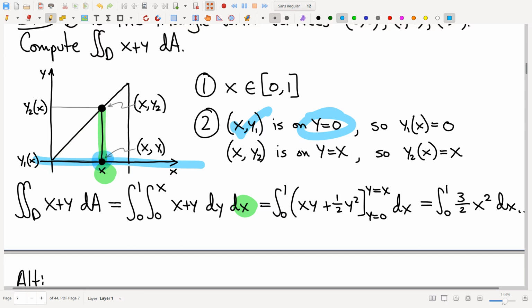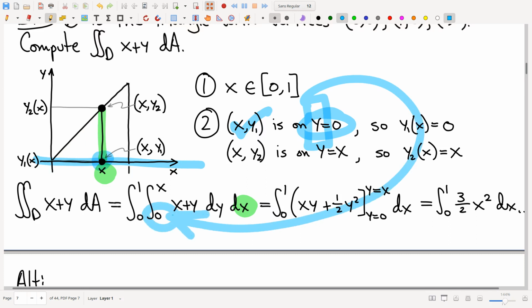I think it's really easy to lose track and accidentally solve for the wrong variable. You'd be surprised. I've done it myself, right? So I always take a pause, remind myself, oh yeah, I'm looking for my range of values for y. So I need to solve for y in that equation. And when you solve for y in that equation, you get 0. So that's your first y bound.